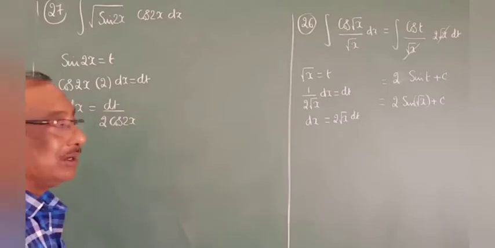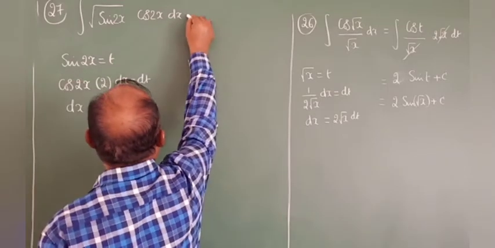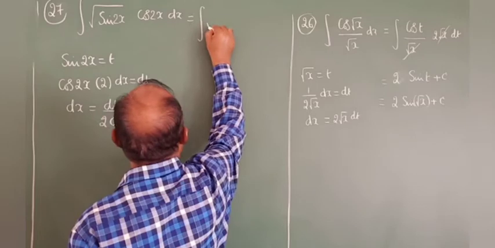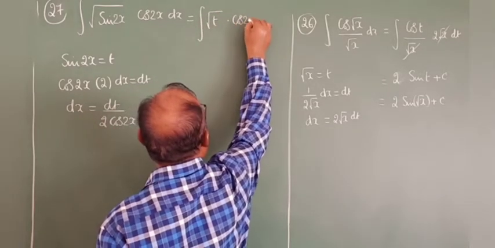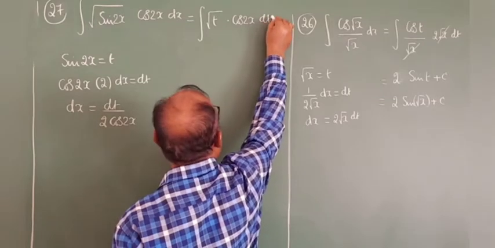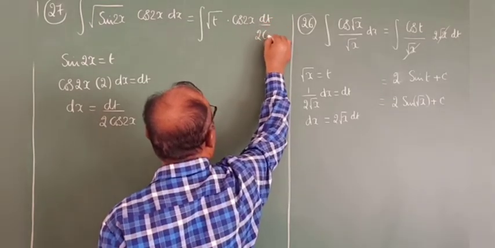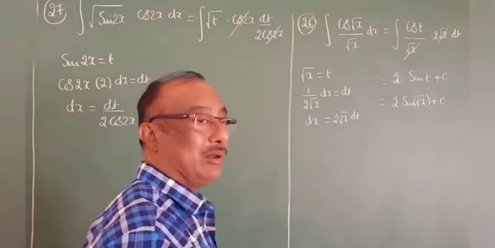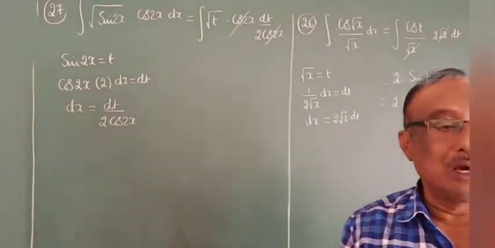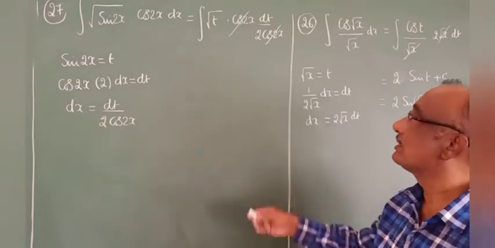Okay? So immediately write down here, integral of root t, cos of 2x, dx is equal to dt by 2 cos of 2x. So 2 cos of 2x, 2 cos of 2x should be cancelled.